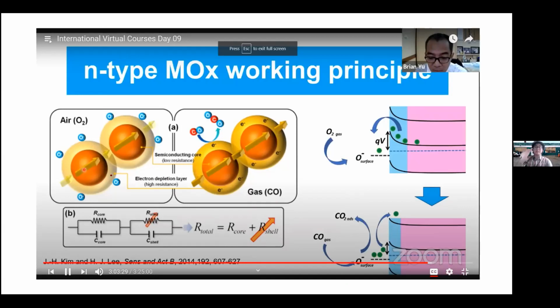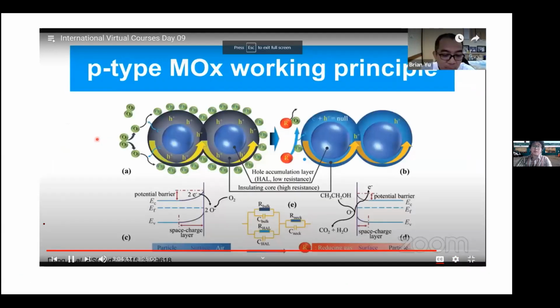While if it is exposed to reducing gases such as carbon monoxide, the shell resistance disappears, which means the conduction band decreases.